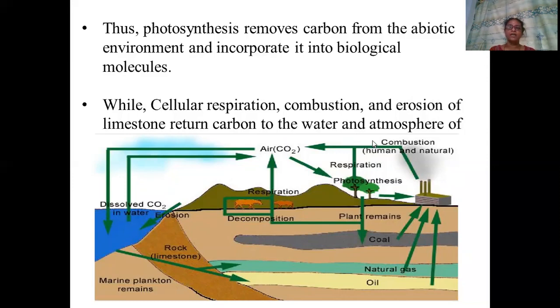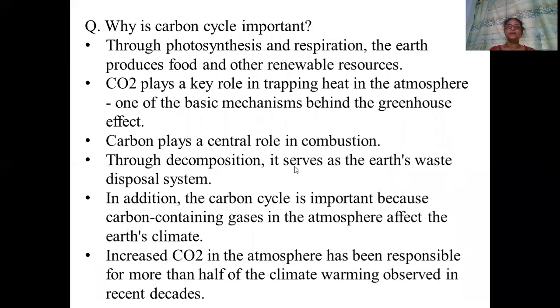Why should we learn about this carbon cycle? Why is it very important for us? On the earth, the major force sustaining life is the process of photosynthesis. Photosynthesis is a major source of food, and solar energy is the major source of energy.